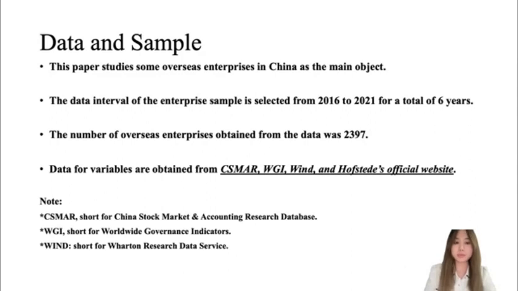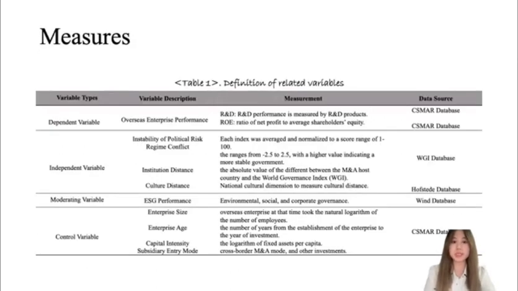The data are mainly obtained from these 4 websites. In order to better understand these websites, I have also added some notes here. Then this table is the definition of related variables.